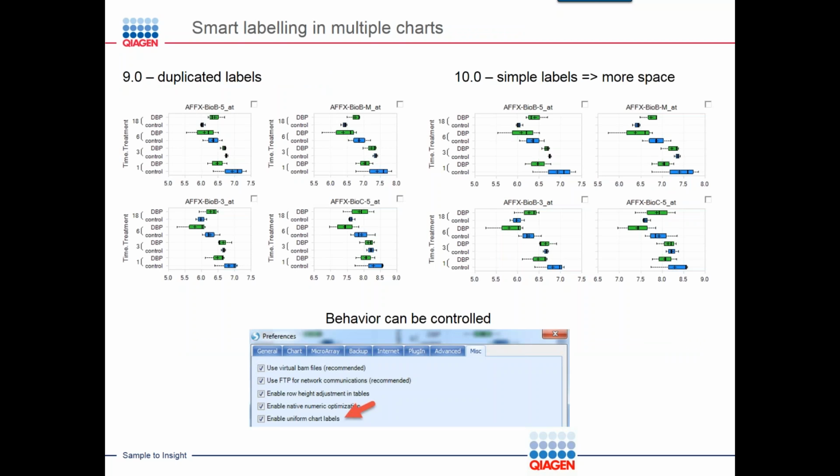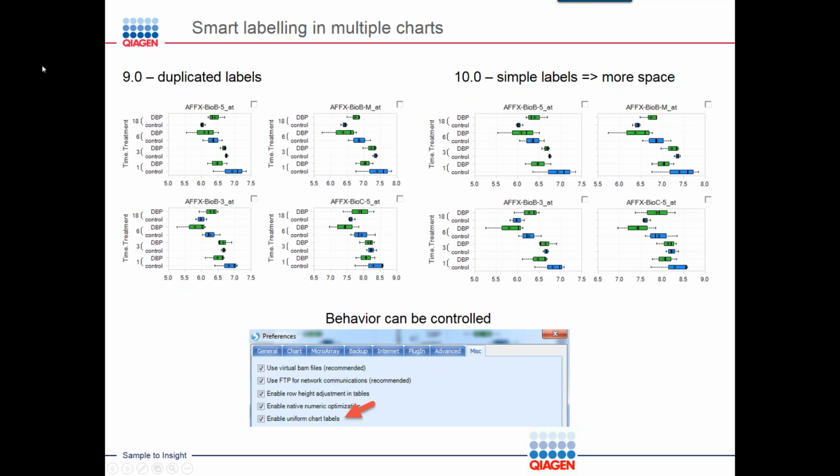The next feature I'd like to introduce, which I think is very trivial in terms of effect, but I think this actually took a lot of effort from us, and we think that it's going to be generally useful. You can see that in 9.0, when you have multiple charts, especially for bar plots and some other things, and when you have very long labels, it doesn't look very good.